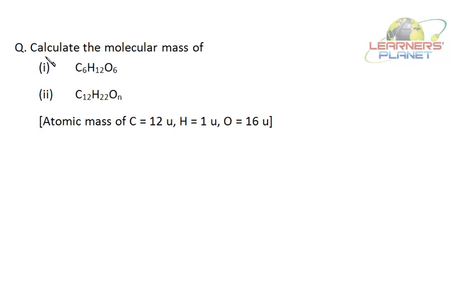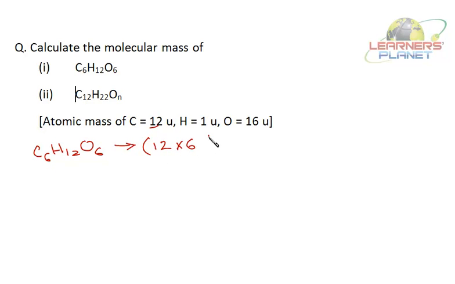Now let's take up our next question. Calculate the molecular mass of C6H12O6. What is C6H12O6? It's glucose. Now let's calculate its mass. How will you calculate the molecular mass? Atomic mass of carbon is 12 units multiplied by how many atoms of carbon are there in the glucose molecule? 6.